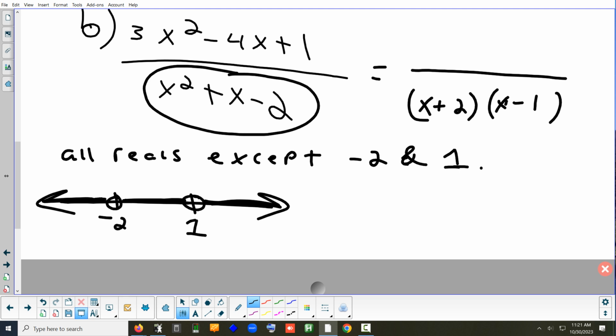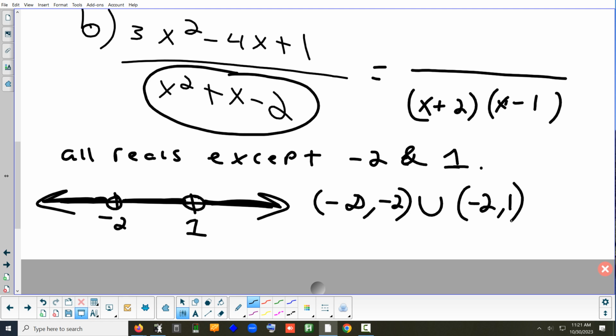How would you describe, let's start with this left section. Yep. Negative infinity, comma, -2, with parentheses. So there's the left. How would you describe what's in the middle? Yeah, parentheses, -2, comma, 1.